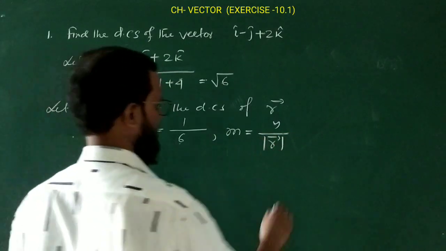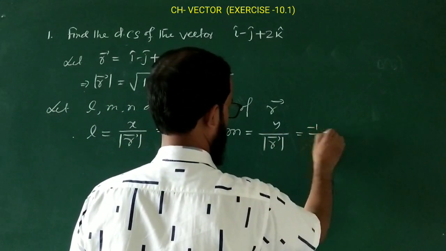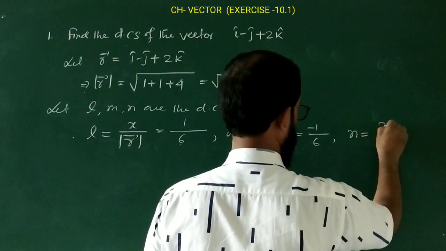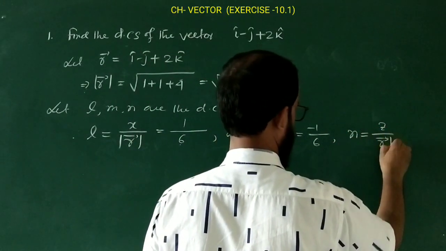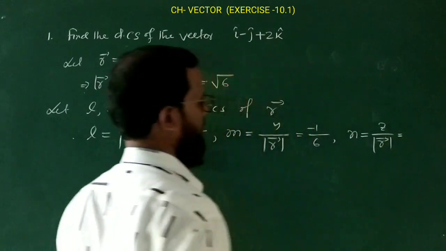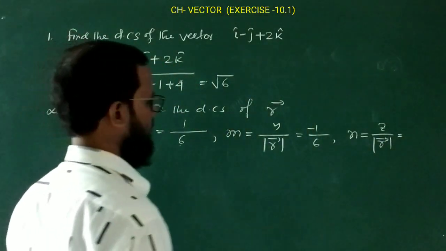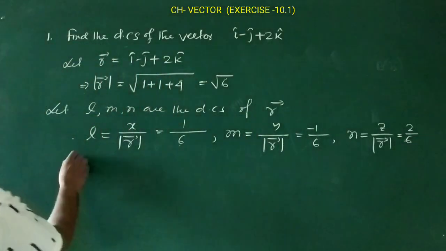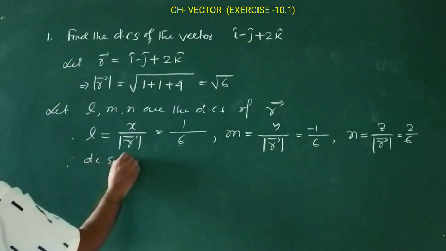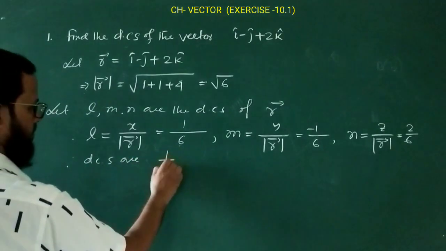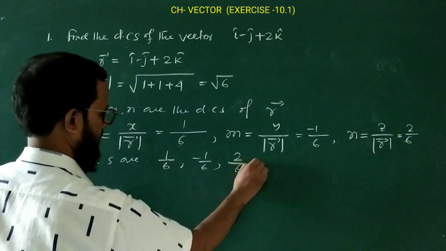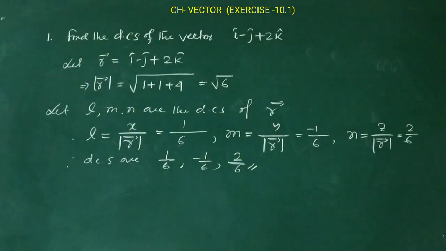What is y? -1/6. n is equal to z by magnitude of R vector, and z is equal to 2/6. So finally, r is (1/6, -1/6, 2/6). These are the direction cosines of the vector.